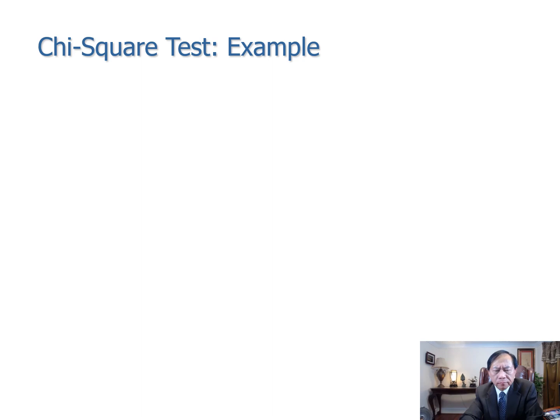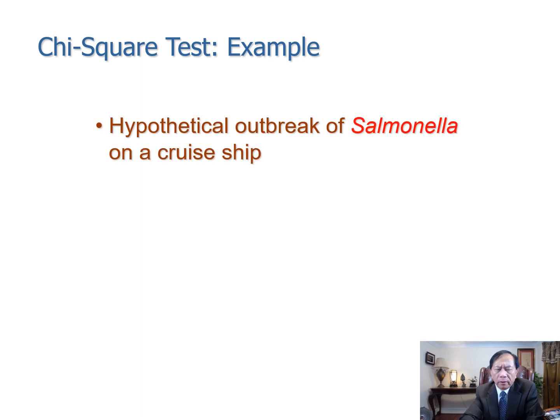Let me give an example of a chi-square test. Hypothetically, say on a cruise ship, there are many travelers happily enjoying their time on the ocean, and then there's a salmonella outbreak.